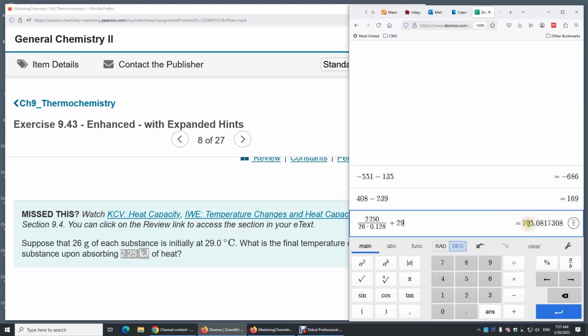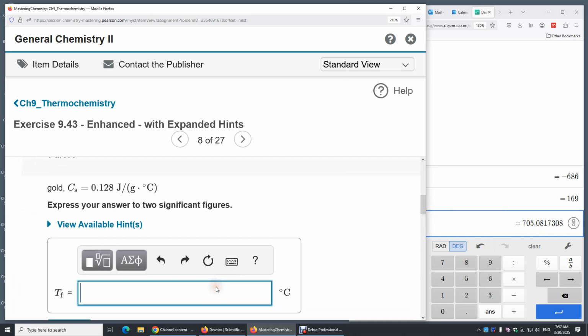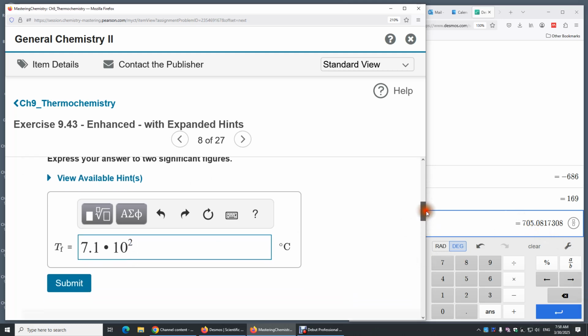What I will do is I will enter 7.1 times 10 to the power of 2. I just rounded this 5 up.